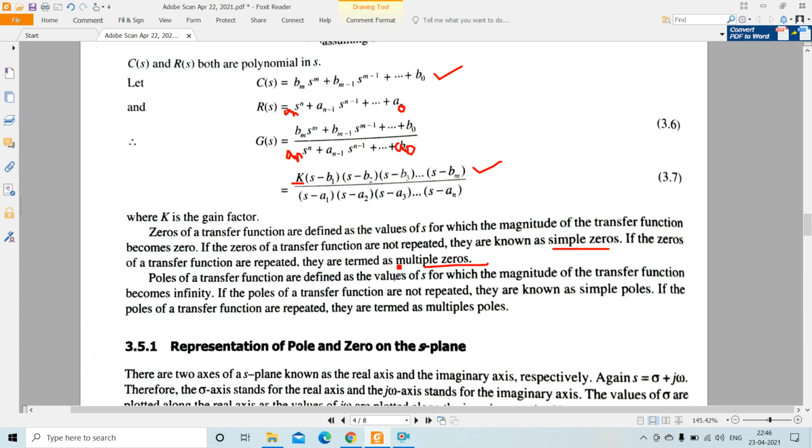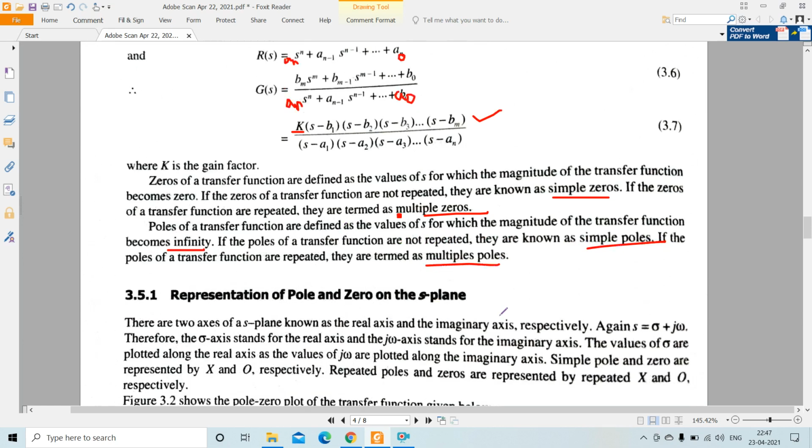Poles of a transfer function are defined as the values of s for which the magnitude of the transfer function becomes infinity. So in the denominator part, all the values of s are the poles, because by putting these values of s, the magnitude of the transfer function becomes infinity. If the poles are not repeated, they are known as simple poles, and if repeated, they are known as multiple poles.